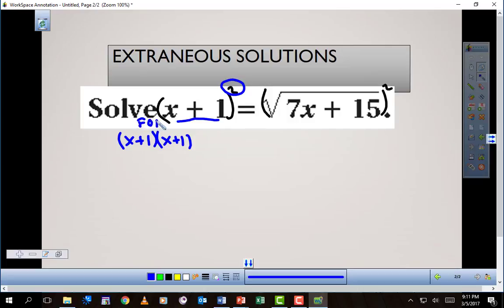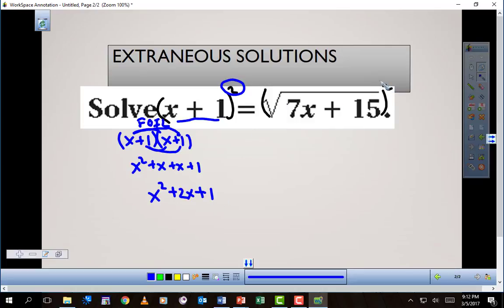First times first gives us the x squared. And then outside times outside gives us 1x. And then another 1x from the inner product. And then last times last gives us plus 1. So when we multiply this out, we should get x squared plus 2x plus 1.